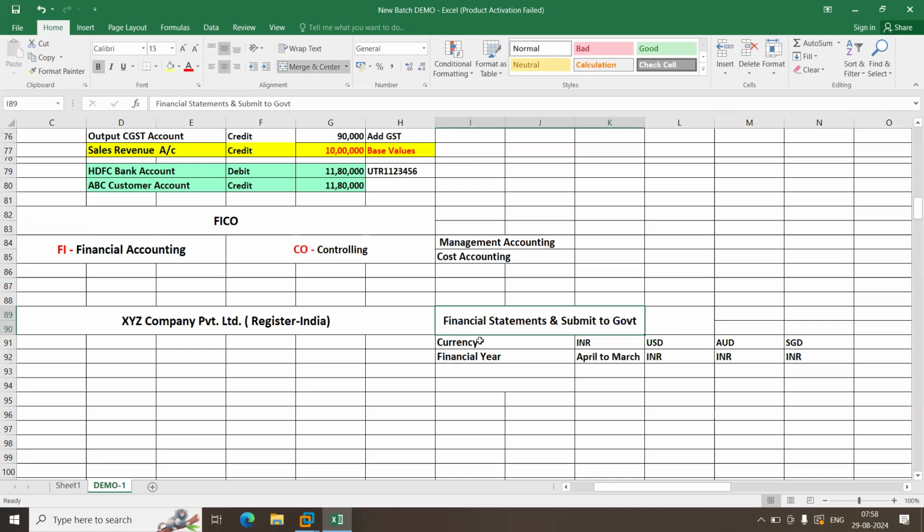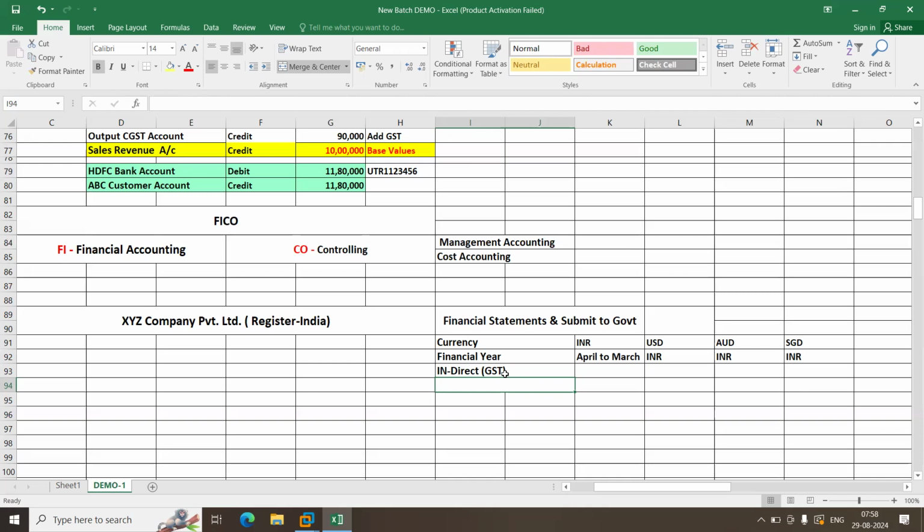Okay, so prepare financials: the currency, which financial year you are going to use, and what tax is applicable. There are two types of tax. Indirect tax, what is indirect tax? In India, we are following GST. Long back we had different taxes, now it is GST.